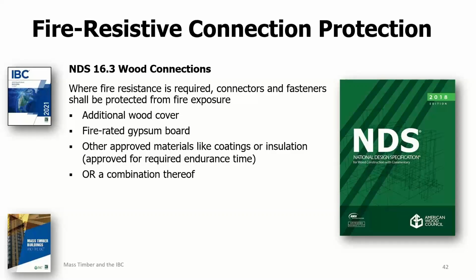This protection can be provided either by additional wood cover beyond just the wood member that's part of the design of the connection itself, or fire rated gypsum board, such as Type X gypsum board, or some other approved material for which the required fire protection time is demonstrated. And another option is that you can use any combination of those three options listed there.